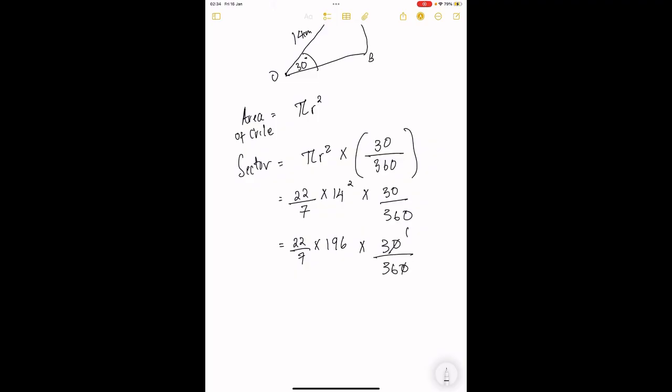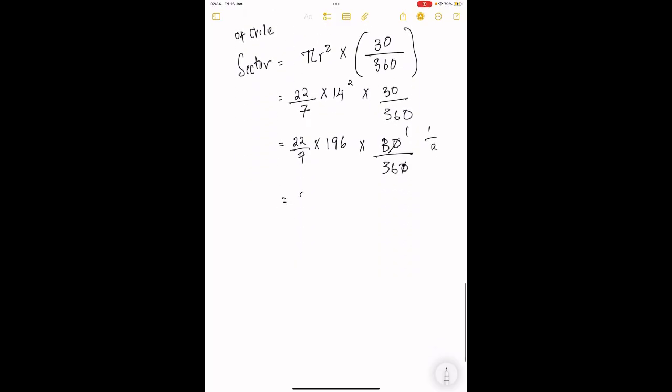So let's simplify our fraction here, 1 over 12. 22 over 7 multiplied by 196 multiplied by 1 over 12. So we have 22 multiplied by 196, 4312 over 7 times 12, 84. 4312 divided by 84.